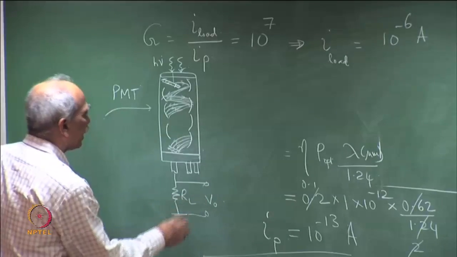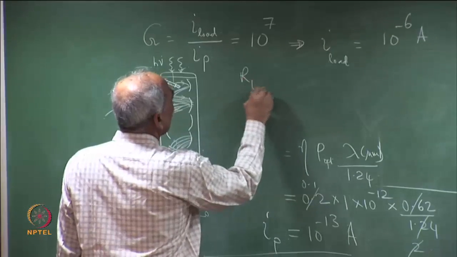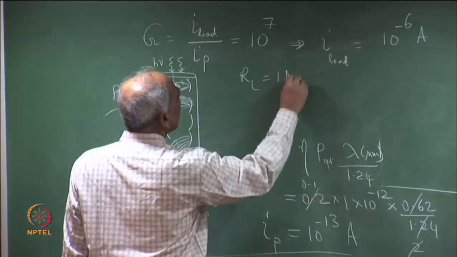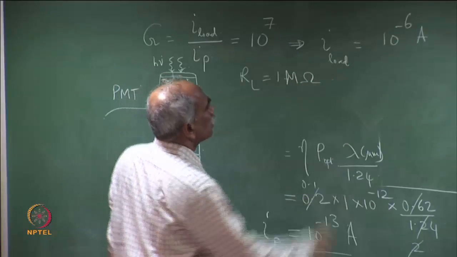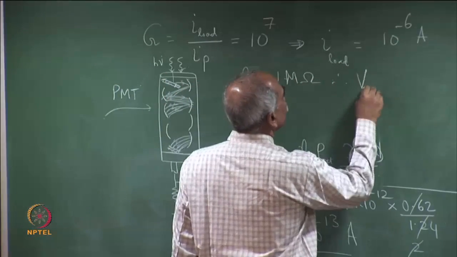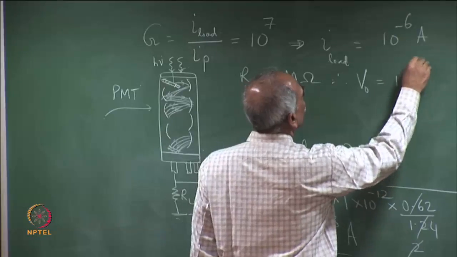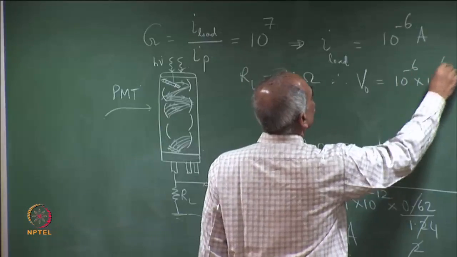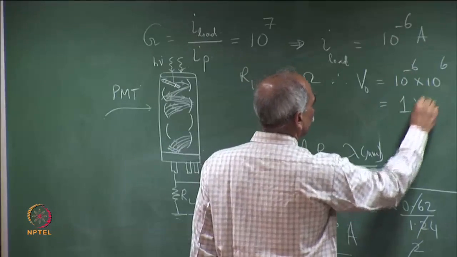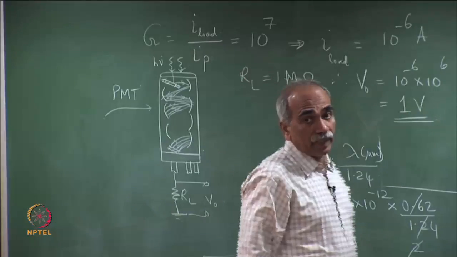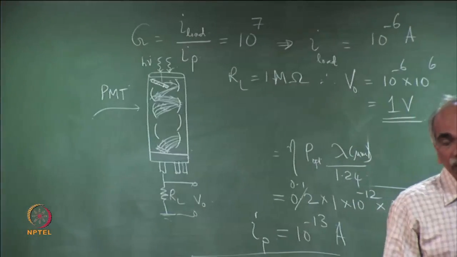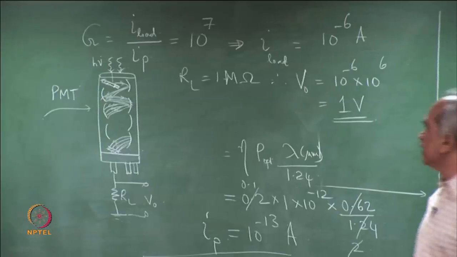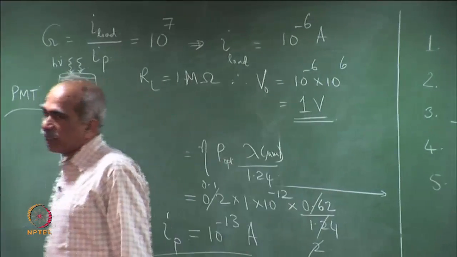For example, if I take R L equal to 1 mega-ohm, then the voltage V out is equal to 10 power minus 6 into 10 power 6, which is 1 volt. 1 volt is a very large output to measure. So, 1 picowatt can be easily detected by measuring the output voltage here.